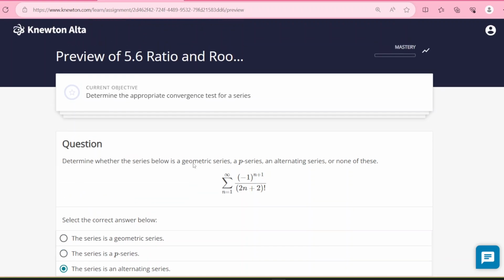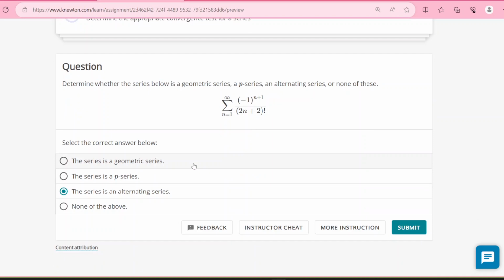So this first question, pretty simple. Just what kind of series are we looking at? This is an alternating series. And if you don't believe it, write out the first several terms of the sum, and you'll see it's switching from positive to negative to positive to negative. That's what an alternating series is.